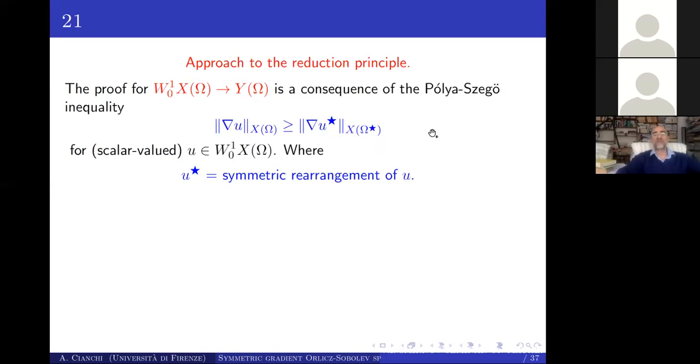Andrea, could I ask, where can I find this inequality in such a general situation for arbitrary X rearrangement invariant? Yes. So it's certainly in some papers of mine with Luboš Pick and others.